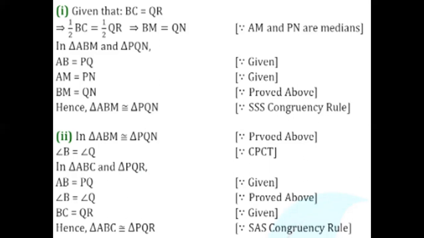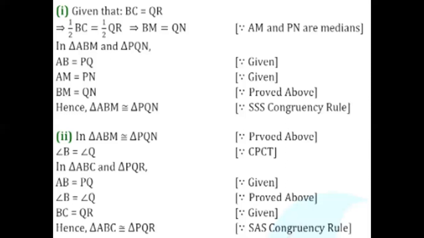Yes, Euclid's axiom. Now, what is half of BC? Half of BC is BM. And what is half of QR? It is QN. So instead of writing half of BC is equal to half of QR, I shall write BM is equal to QN. Why were they halves? Because it is clearly mentioned in the question that AM and PN are medians.